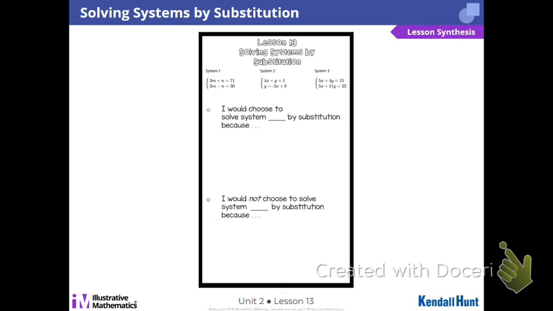Let's look at this together right now. Here are our 3 systems. Which one would be your first preference to use substitution? So we would want an x equals or a y equals. Which one? 2. I'm hearing 1. I'm hearing 2. Yeah, well, 2. I think this one is the slam dunk best one because this can go in for y.